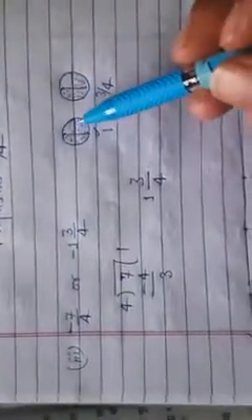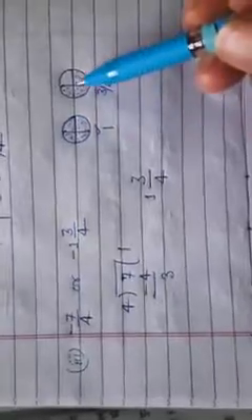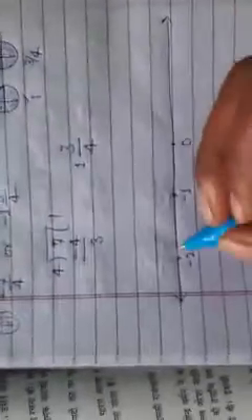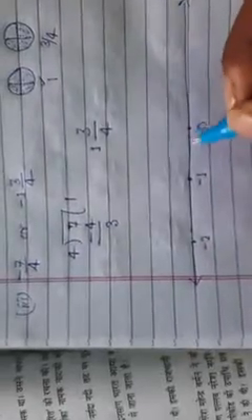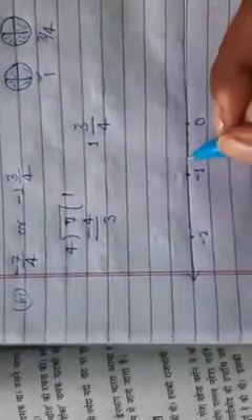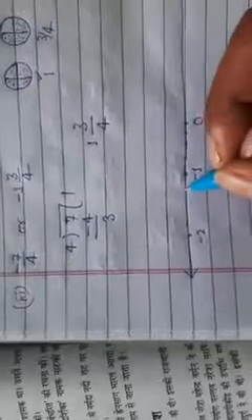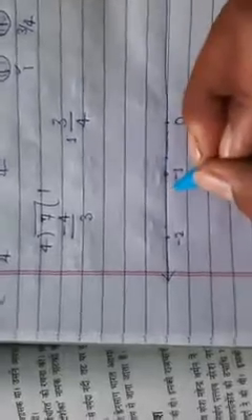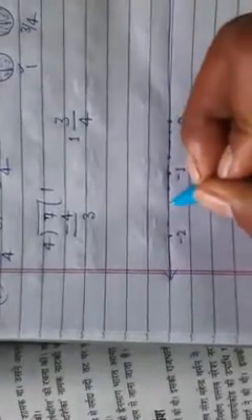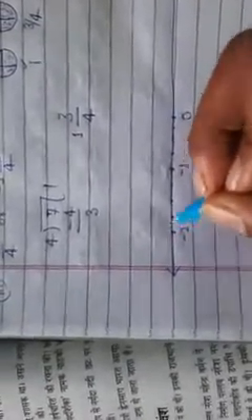This number is less than minus 2, not completely 2, because we ate only one whole bread and 3 by 4 from the second. So we will divide the first into four parts, 1, 2, 3, 4. Again, between minus 1 and minus 2 we will divide into four equal parts, 1, 2, 3 and 4.